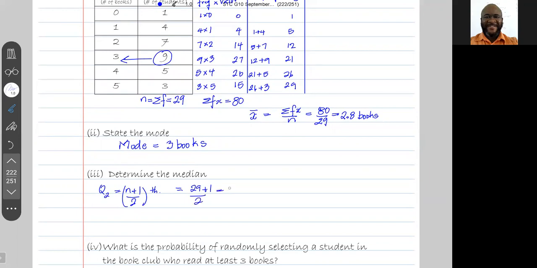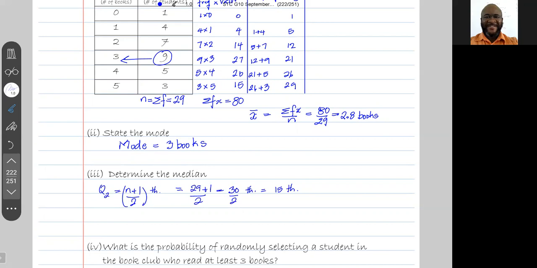This is 30 over 2, which is the 15th value. So this is telling me that the median Q2 is the 15th value. The value in the middle is Q2, which is the 15th value.